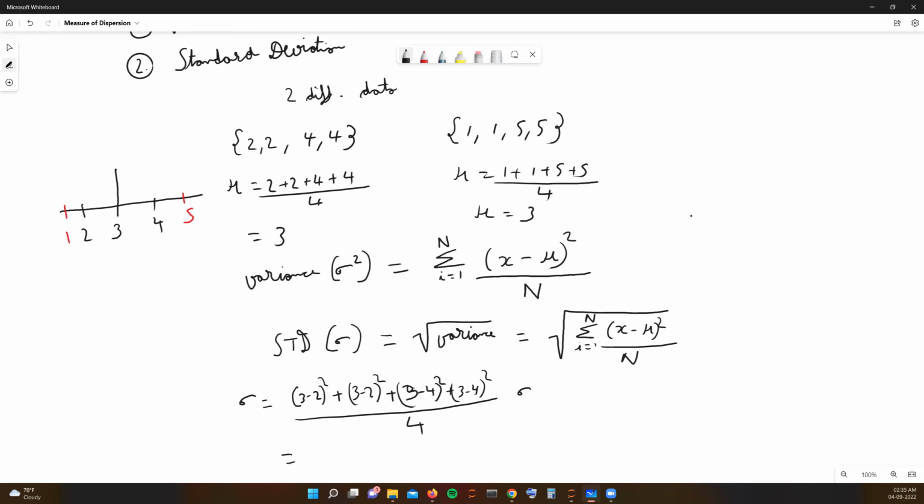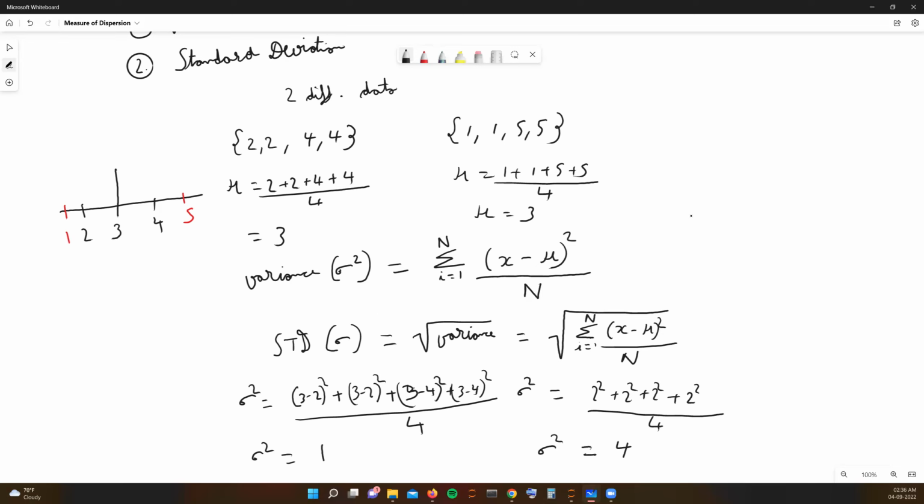So for this distribution, my sigma square will be equal to 1. And for this one, 3 minus 1 is 2, 3 minus 1 is again 2, here again 2, and here again 2. So 2 squared plus 2 squared plus 2 squared plus 2 squared: 4, 8, 12, 16, divided by 4. So your variance for this particular distribution will be 4.